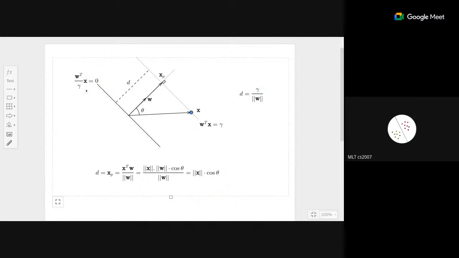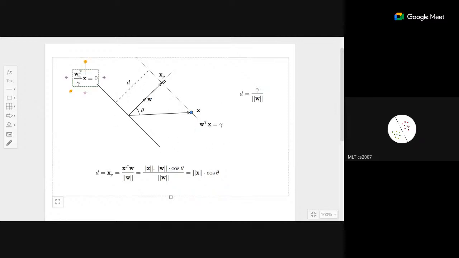Will that affect my decision boundary if I divide both sides by gamma? No, right? In fact, this was a quiz question in quiz 2. If you have W and you have 3W, how many points will be misclassified? That will be the same because you have not changed the decision boundary.